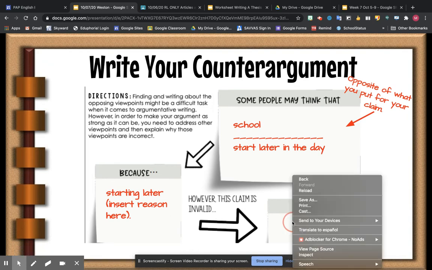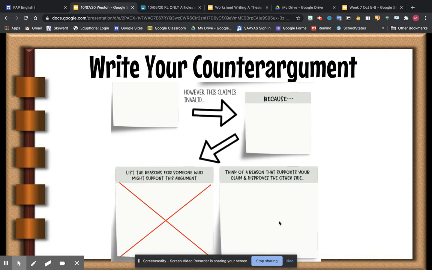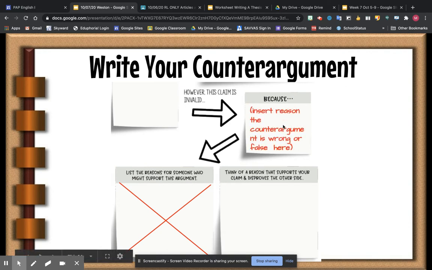However, this claim is invalid because, and then you have to give your reason here. Insert your reason or your counter argument. So pick that one really strong bit of evidence, or what are you using to support that, and then elaborate on your information here.